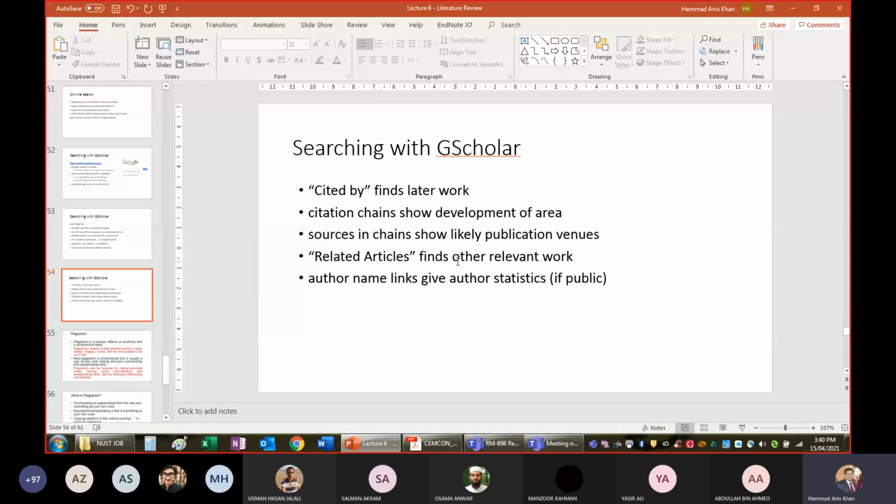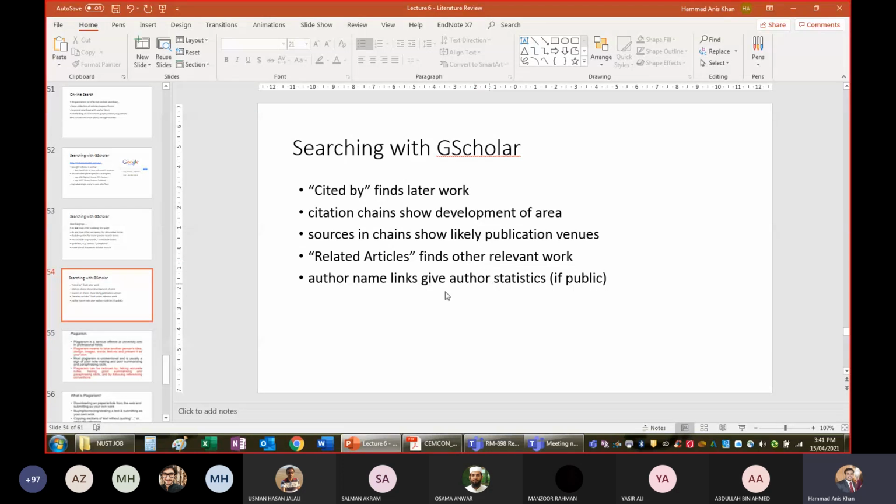Related articles also find other relevant works, so from related articles you can go to other relevant research papers which you might have skipped, including papers which don't have the keyword you are looking for.